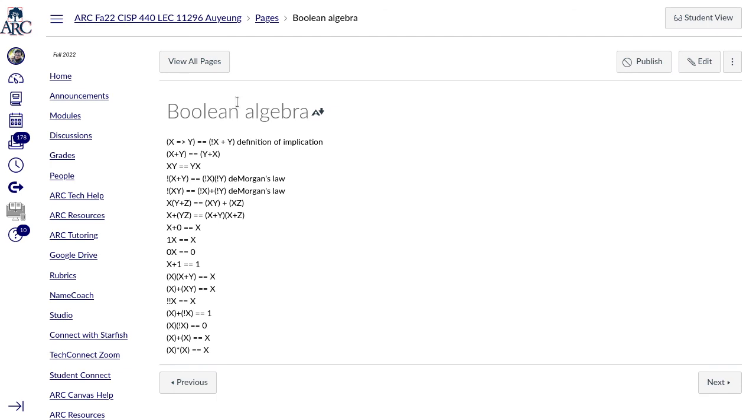Okay, that's Boolean algebra. So for every single rule in Boolean algebra, you can think that there is a well-formed formula associated with it. Is that okay? Let's think about commutative, okay?